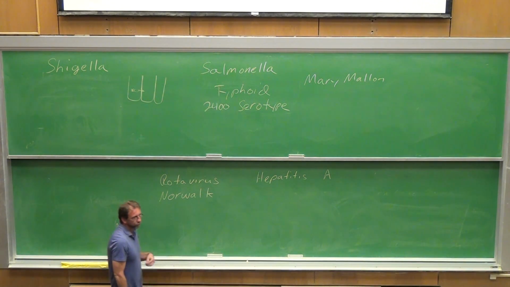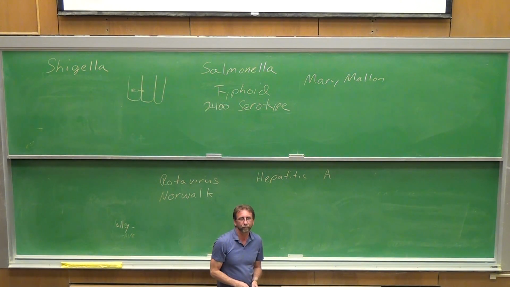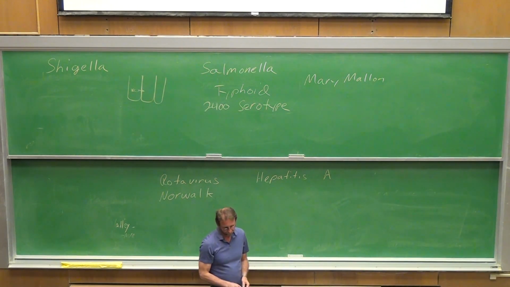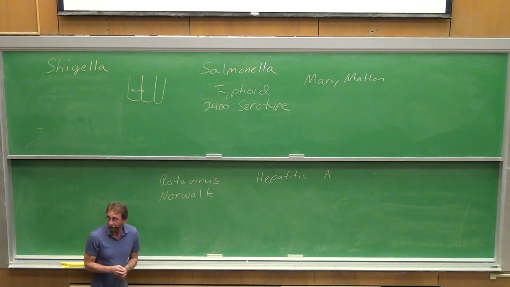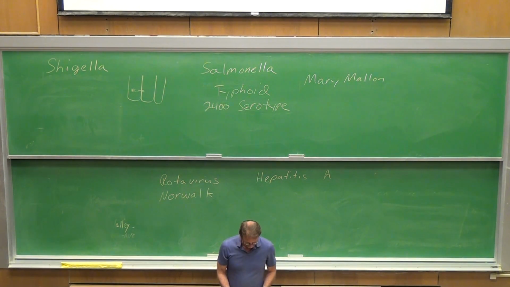So the virus replicates only in the liver tissue, and it exits via the gallbladder, as we were just talking about. We do have a vaccine for it, but there's no antiviral treatment. And then it's spread via the fecal-oral route.